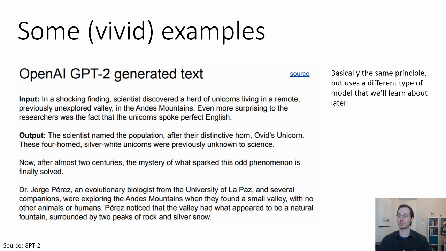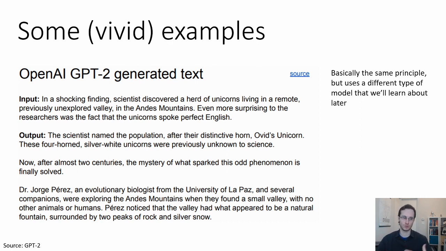And the rest is generated by the model, and it says the scientists named the population after their distinctive horn, Ovid's unicorn. These four-horned silver-white unicorns were previously unknown to science. Now, after almost 2 centuries, the mystery of what sparked this odd phenomenon is finally solved. Dr. Jorge Perez, an evolutionary biologist from the University of La Paz, and several companions were exploring the Andes Mountains when they found a small valley with no other animals or humans, etc.